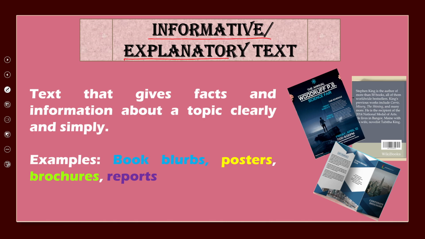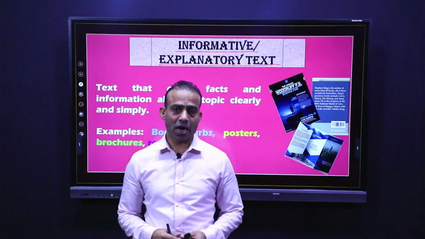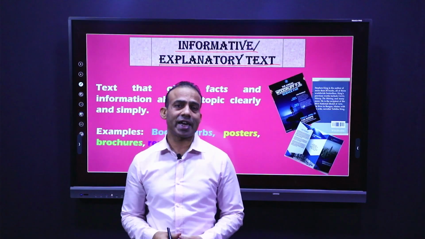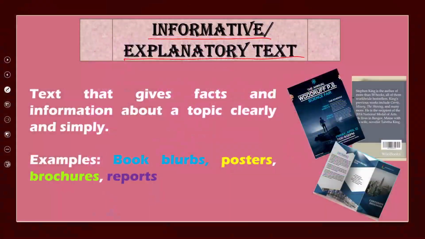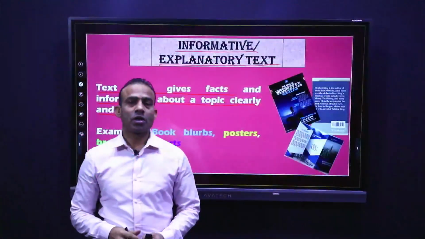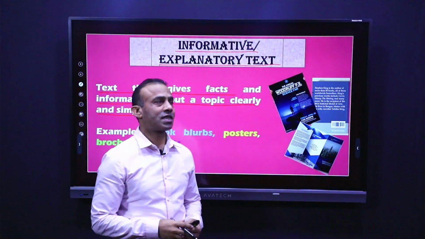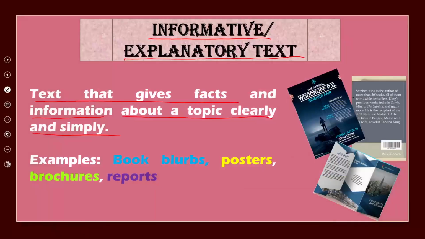Informative explanatory text. Dear learners, now we are going to have a look at what is informative text. Text that gives facts and information about a topic clearly and simply. So this is called explanatory or informative.